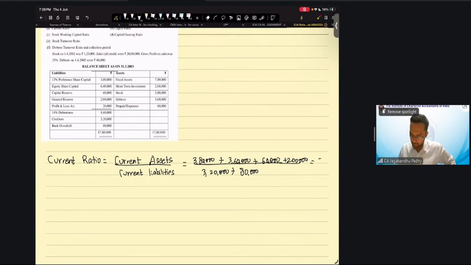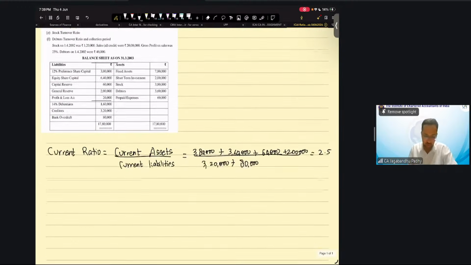Current ratio 2.5. Okay. Current ratio is 2.5.